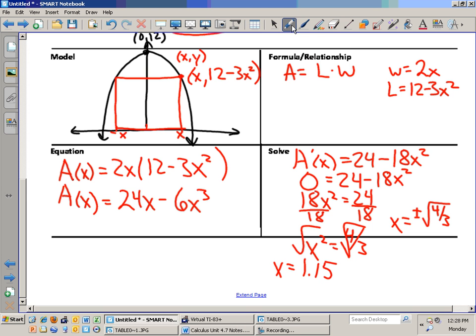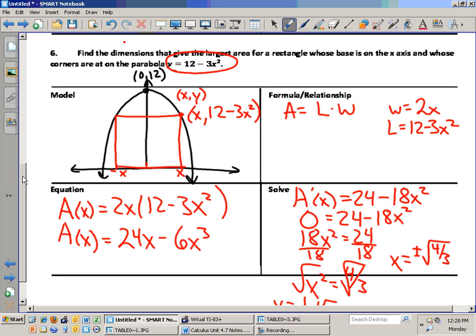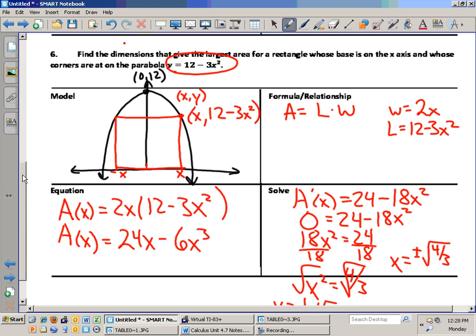Now hold on, you guys. Look at the question. The question originally asks this. Find the dimensions. True or false? 1.15 is my width. False. What's my width? Double that. So the width that we're looking for is equal to 2.3. How would I find the length?